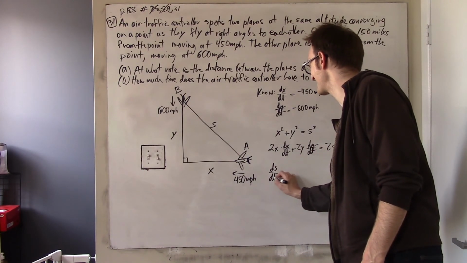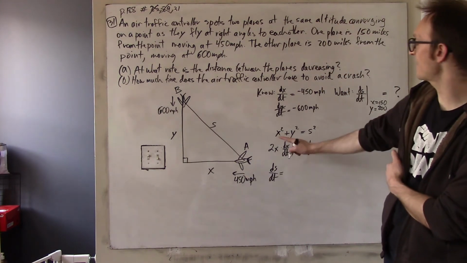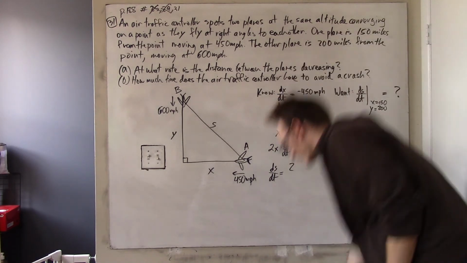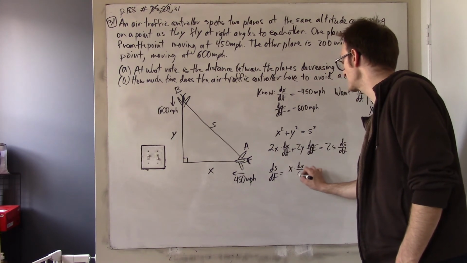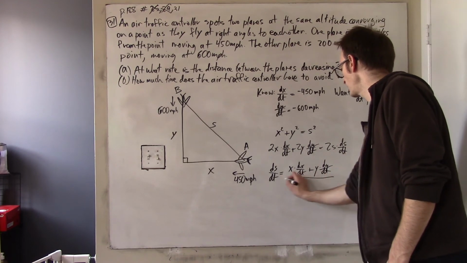What is ds/dt? By dividing everything by 2 and dividing through by s, I get this quite complicated formula. Sorry, the 2's gone. I get x dx/dt plus y dy/dt all over s.